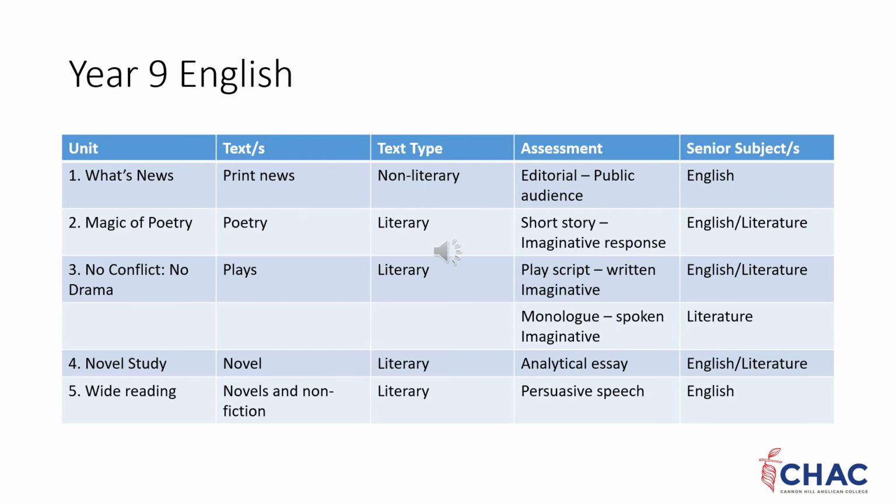This relates very closely to both English and literature. It prepares you for both. Those of you who decided to do a monologue as your assessment task, you are actually preparing for senior literature, because it's in senior literature where you do spoken imaginative assessment.